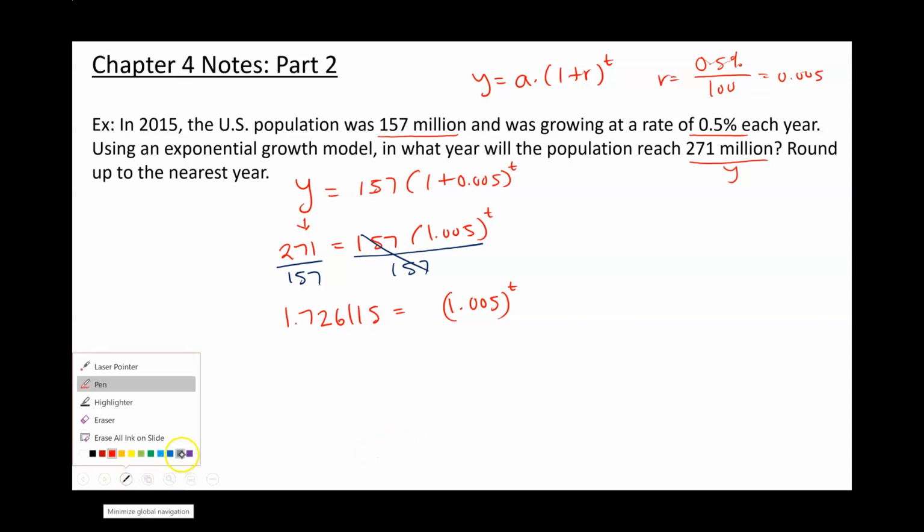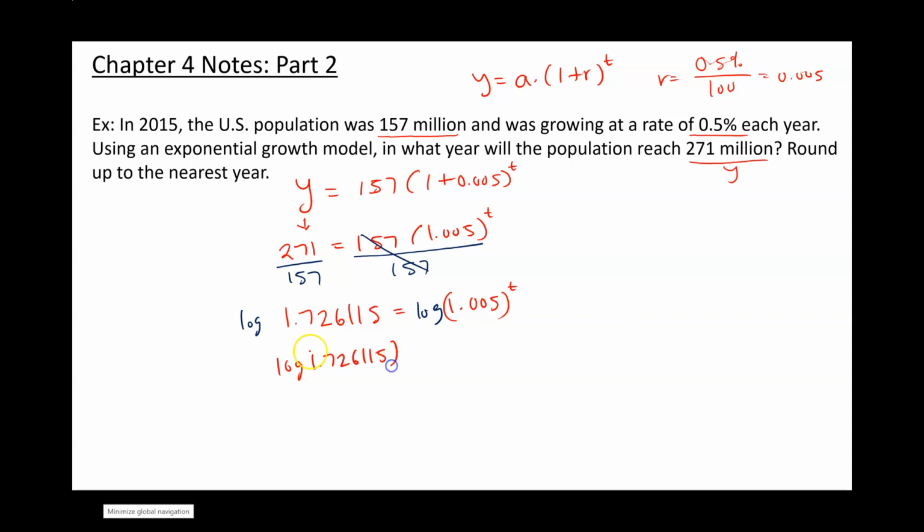Then we take the logarithm of each side. Anytime the variable is an exponent, we have to take the log of each side, just like with the previous examples. In this case, our variable happens to be an exponent, so we take the log of each side. On the left side, we're left with just log of 1.726115, that's 271 over 157. And on the right side, the t comes down, so we have t times log of 1.005.